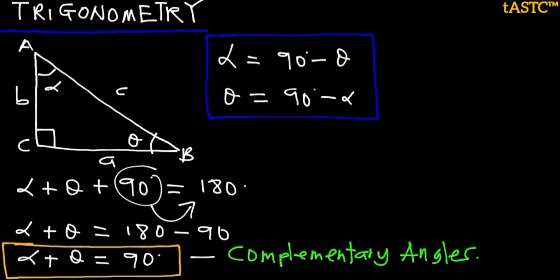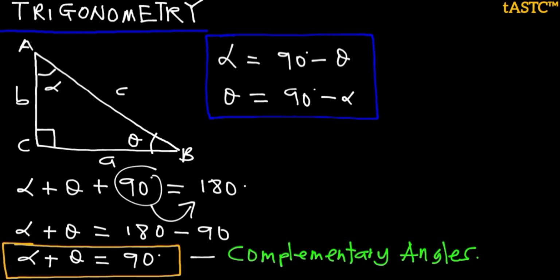So in this case, you can say that alpha, which is here, could be written in terms of theta. Instead of writing the theta which is there, we could write 90 minus alpha for this angle. And that is pretty reasonable, because we have this as a 90, and we know that these must add up to give 90. Because if you have a 90 degree added to another 90 degree, that should give you 180.